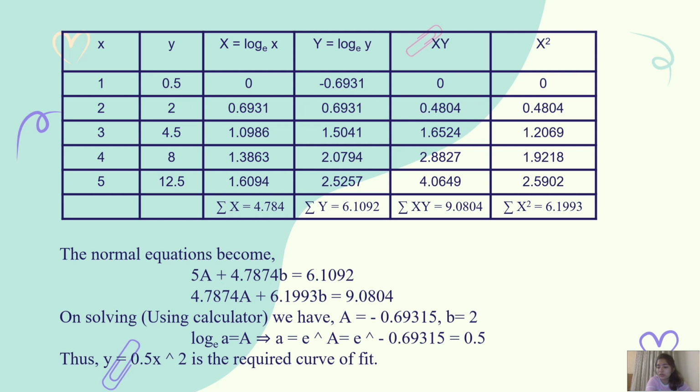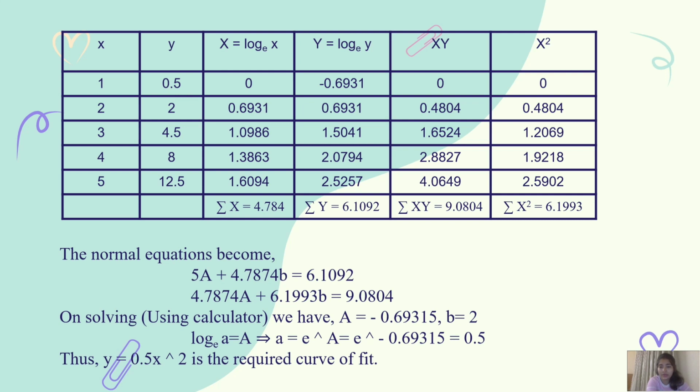From the values given, we have taken the values of x, y, then we have calculated capital X, that is log of x values. Since we have log x base e, that's equal to ln. So we'll make ln 1, ln 2, ln 3, then substitute the values here, and then finally find the summation.